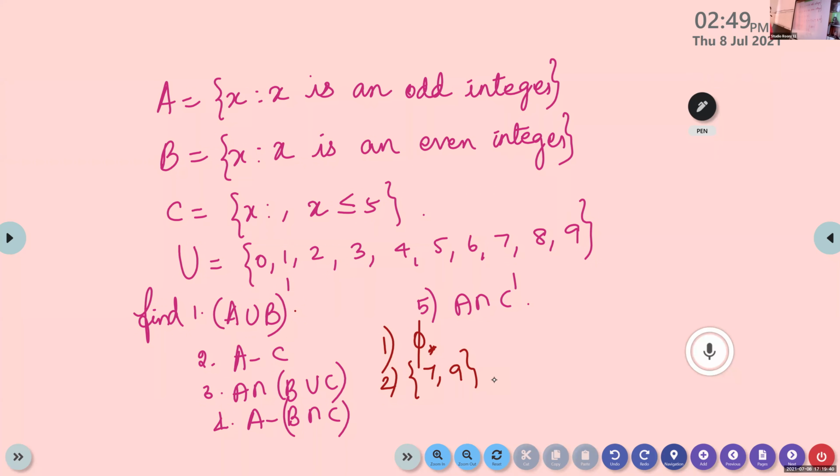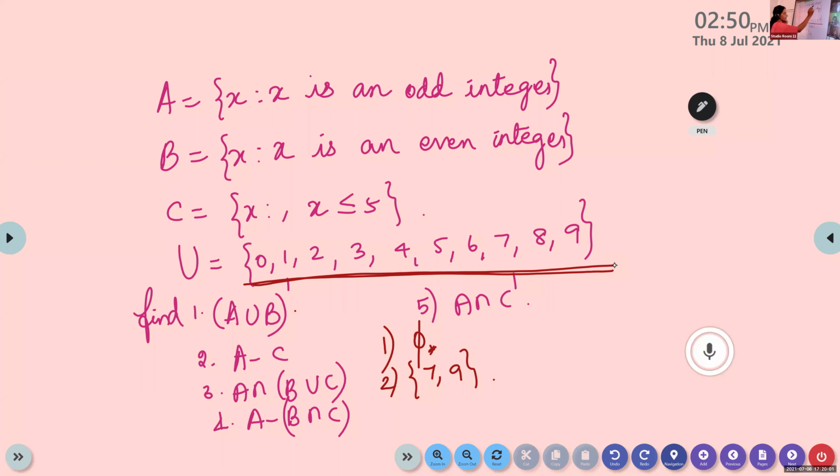Are you getting this, Jyoti? Look here. This is the universal set, the big set. A, B, C are subsets.